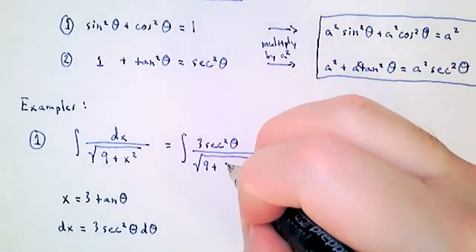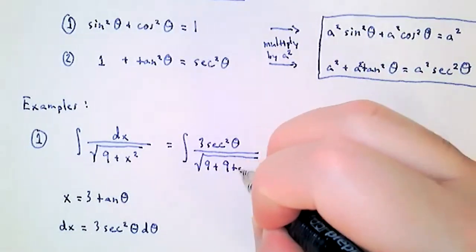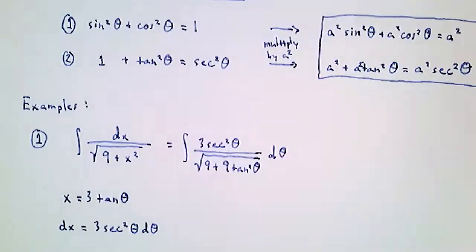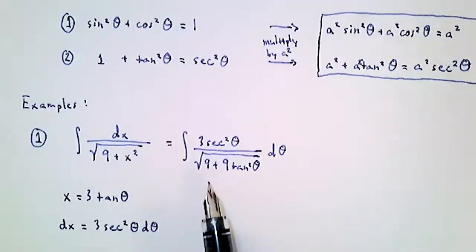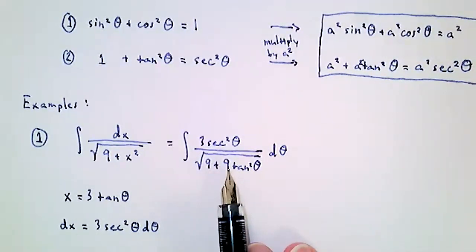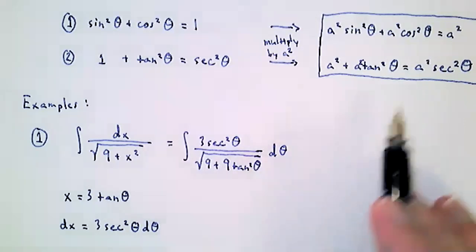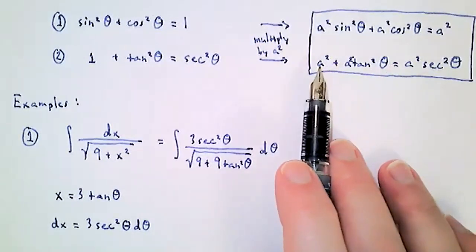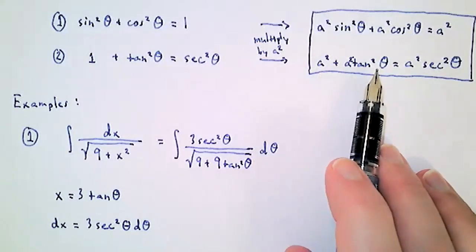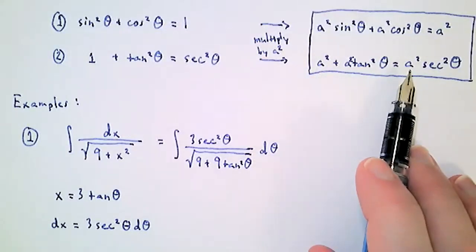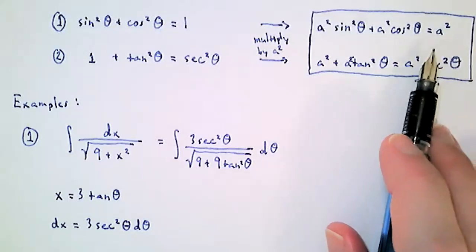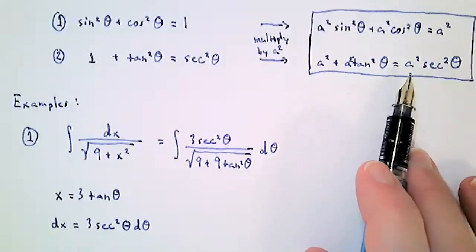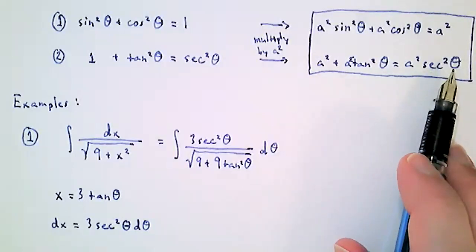So that'll give me 9 tangent squared of theta. So comparing this expression underneath the square root to this formula from the Pythagorean theorem, we have 9 plus 9 tangent squared of theta. So this we'll be able to substitute in and simplify the 9 secant squared of theta.